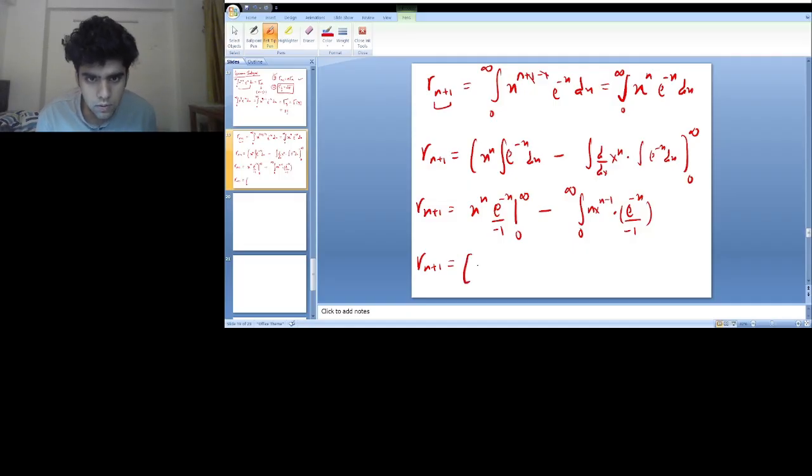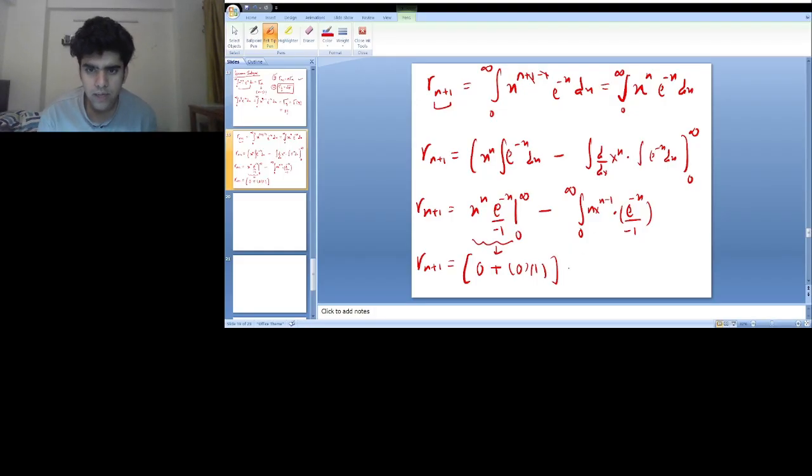At infinity, e to the power minus infinity gives 0, so that is 0 minus, now putting in 0, this again gives 0, so 0 times 1 is 0. So this whole first term is equal to 0.